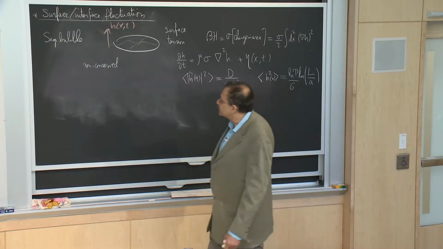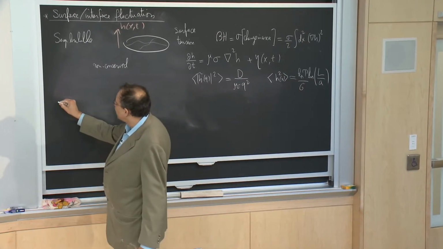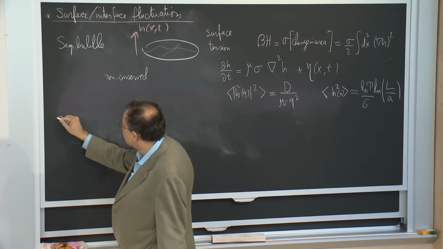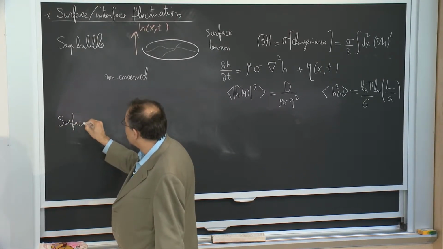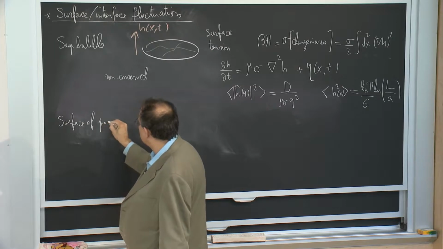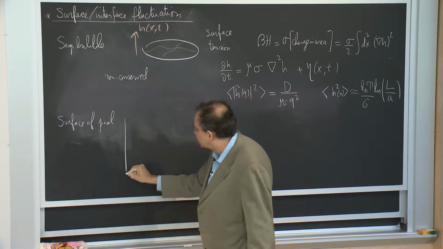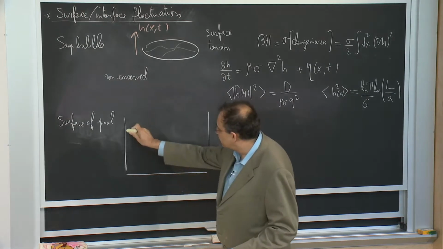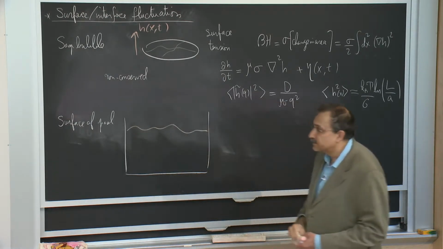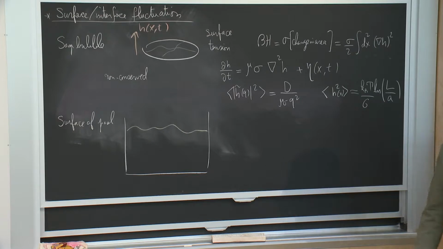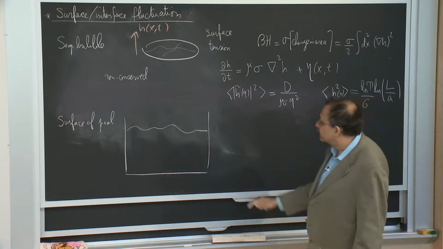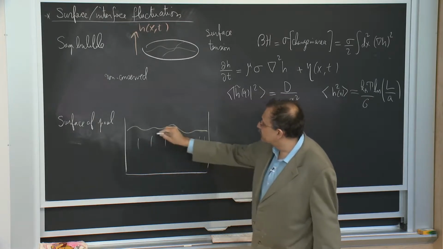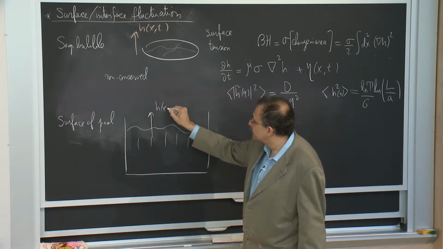So that was non-conserved. I can imagine that rather than this, I have the case of a surface of a pool. So here I have some depth of water, and then there's the surface of the pool of water. And the difference between this case and the previous case, both of them can be described by a height function.